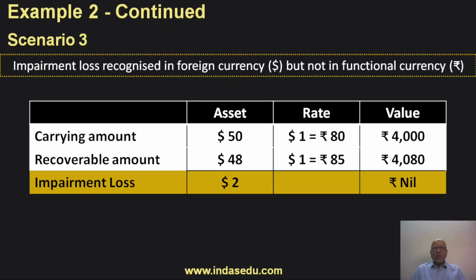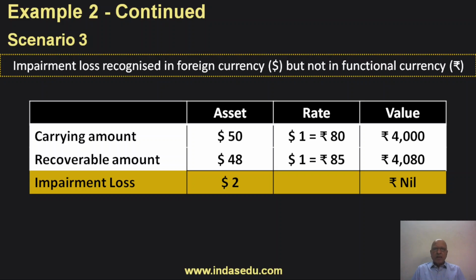Third scenario, impairment loss recognized in foreign currency but not in functional currency. Same thing, carrying amount $50, rate is $1 = 80 rupees. Functional currency value is rupees 4,000. Recoverable amount is $48. Rate is $1 = 85 rupees and the value is rupees 4,080.